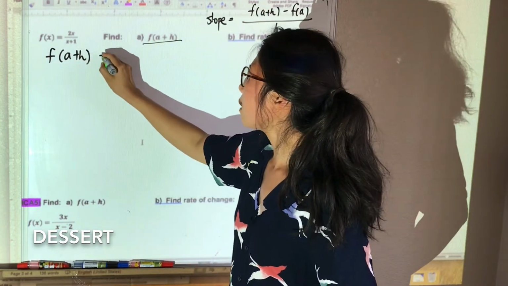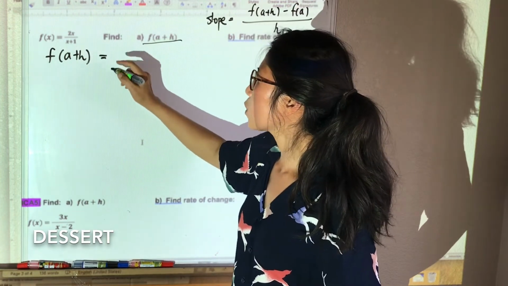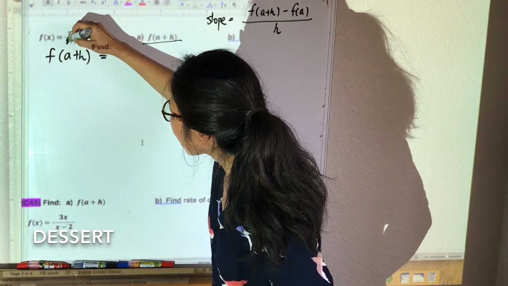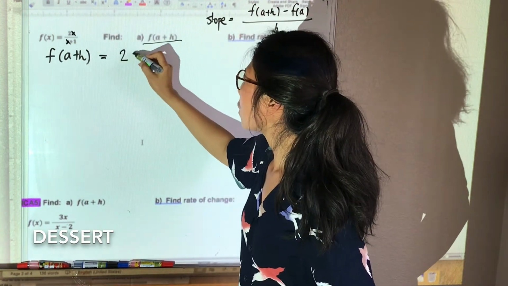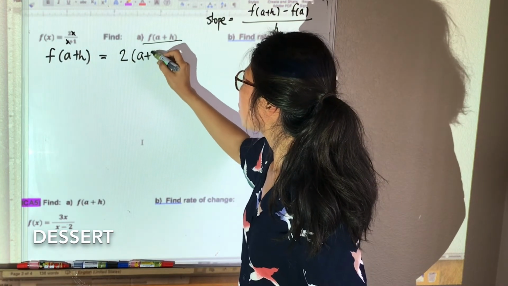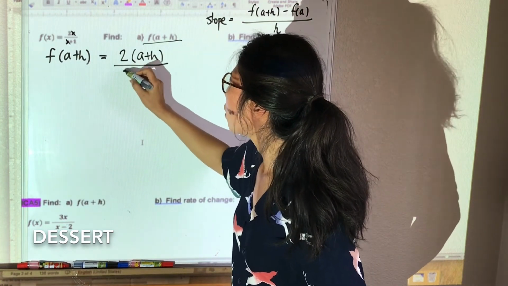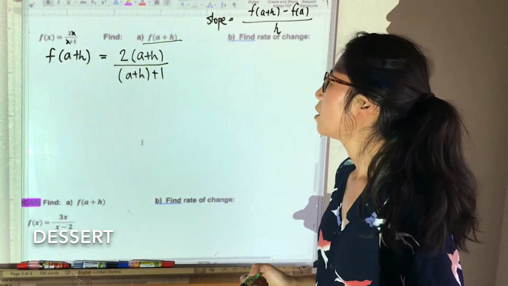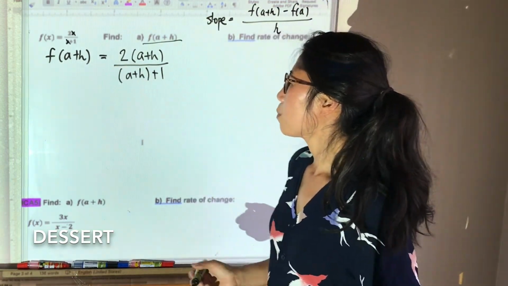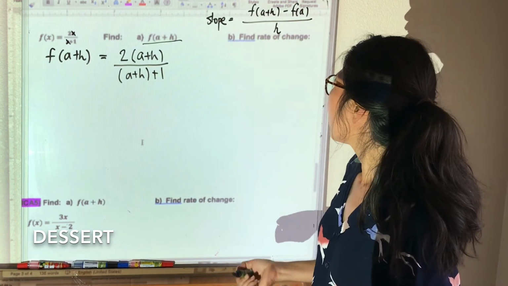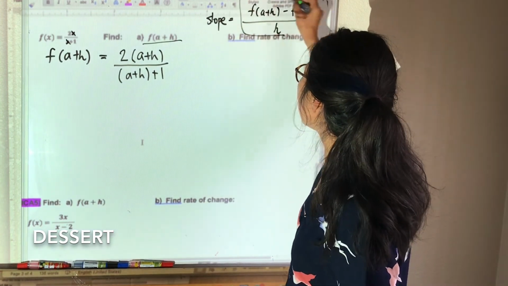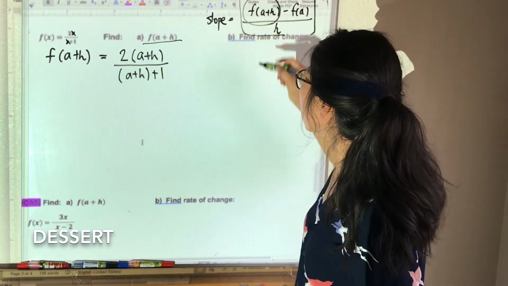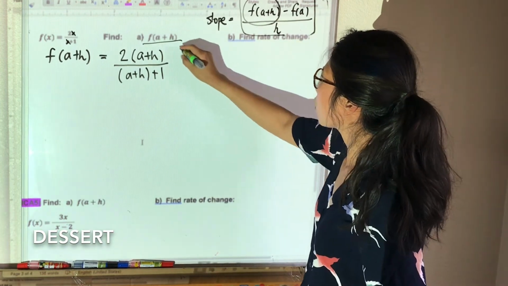In this case, by plugging into my original function, replace all the x to a plus h. So I'm going to have 2 times a plus h over a plus h plus 1. So that's going to be f of a plus h function. Then find the rate of change. I already found this one, so let's compute them together.